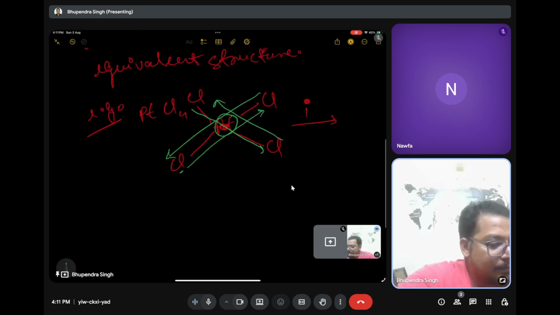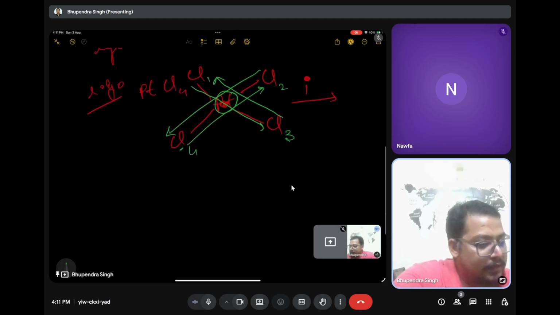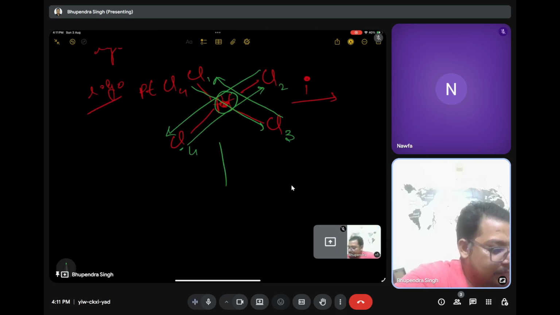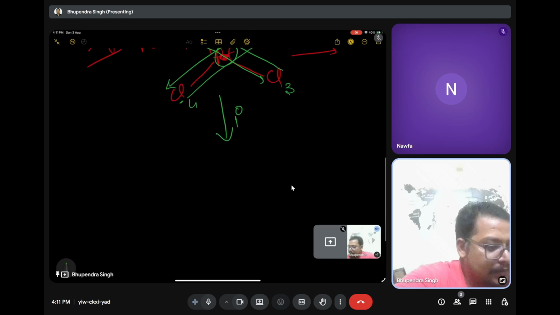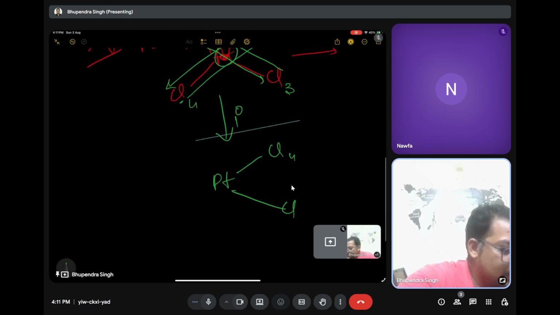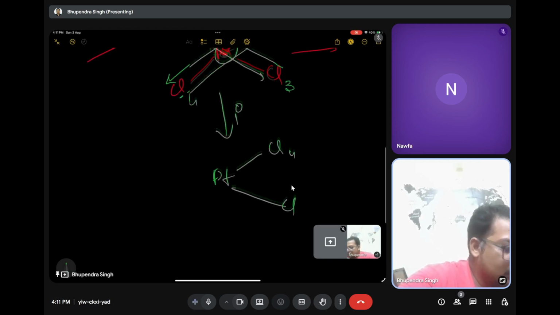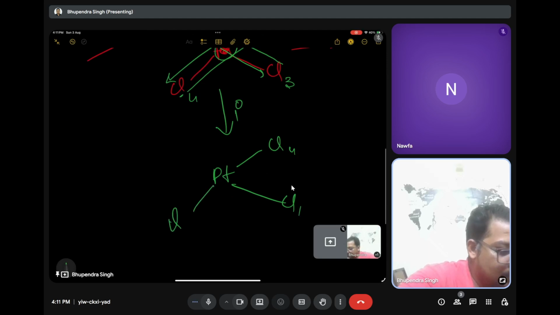So if I indicate these Cl with 1, 2, 3, and 4, after the inversion it will look like Pt with Cl4, Cl1, Cl2 and Cl3.